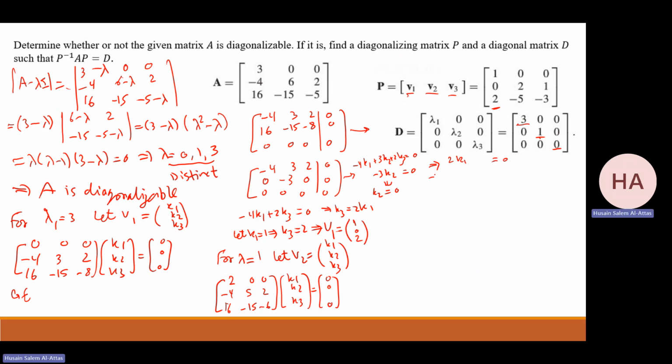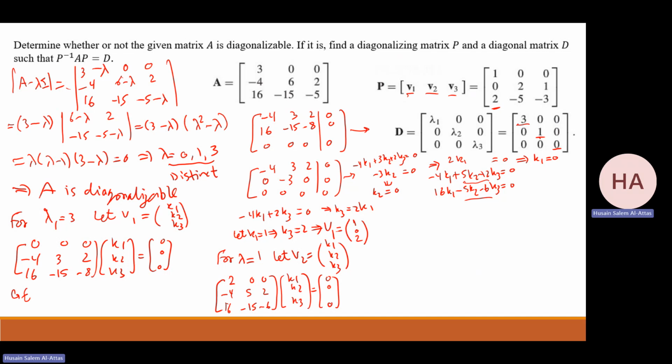And minus 4k1 plus 5k2 plus 2k3 equals 0, and 16k1 minus 15k2 minus 6k3 equals 0. So I'm getting k1 equals 0. Now, if k1 equals 0, these two equations are the same.